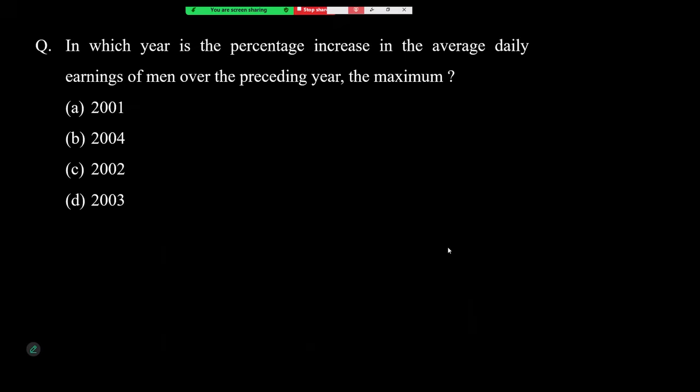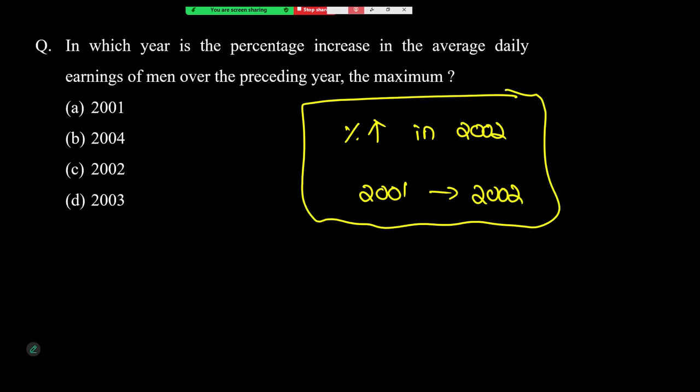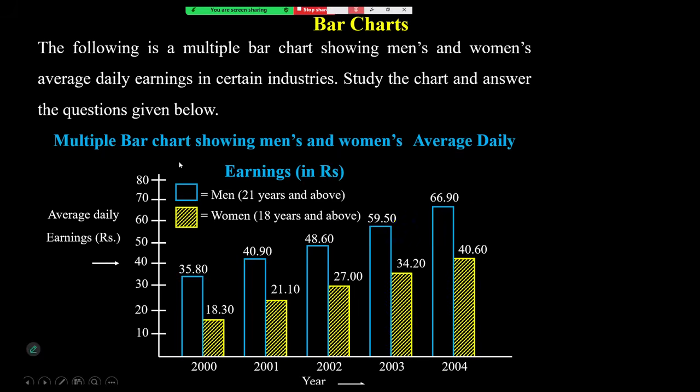Now, the question is: the percentage increase in the average daily earnings of men over the preceding year, the maximum in which year for men compared to the previous year. Generally, percentage increase in, let us say, 2002 means we'll compare 2001 to 2002. This is the procedure we have to follow. 2001 to 2002, previous one only by default we have to do.